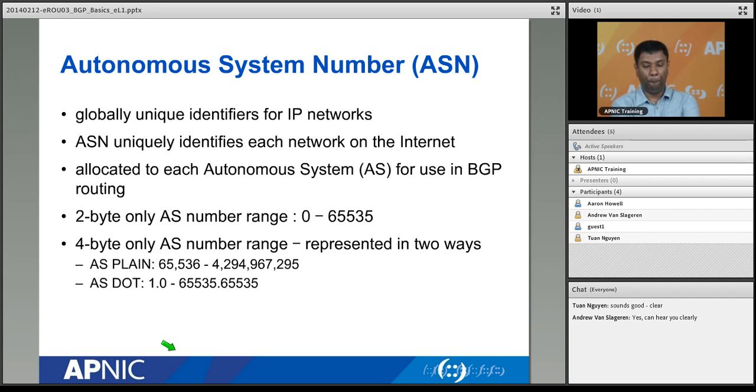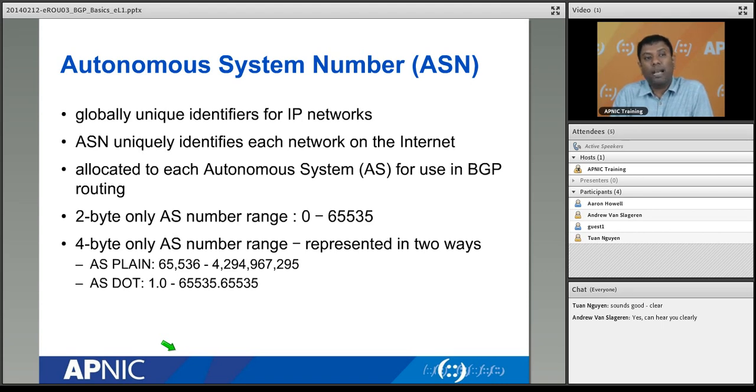That 32-bit number we normally represent in AS plain notation. AS plain notation means it's just a plain 32-bit number. If you calculate 2 to the power 32, that gives you the maximum number, which is 4.294 billion, close to 4.3 billion numbers.